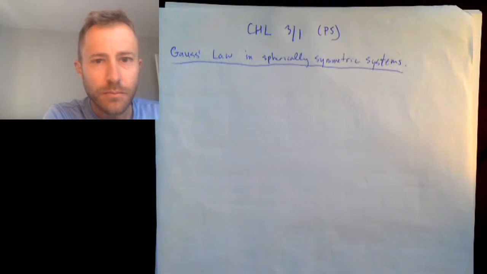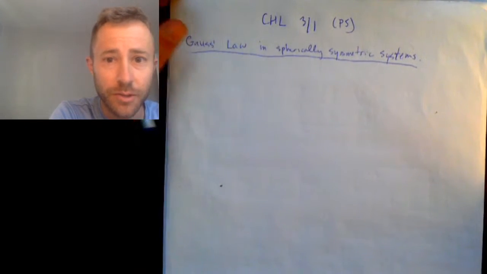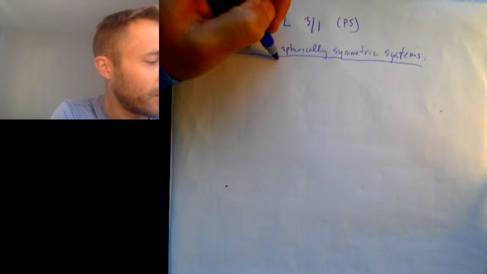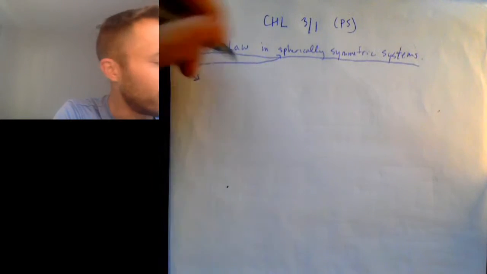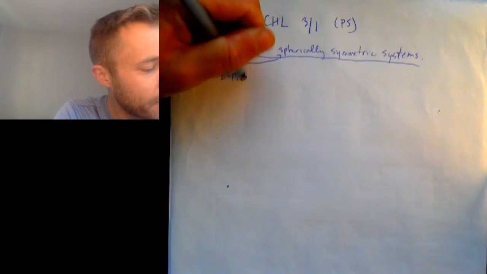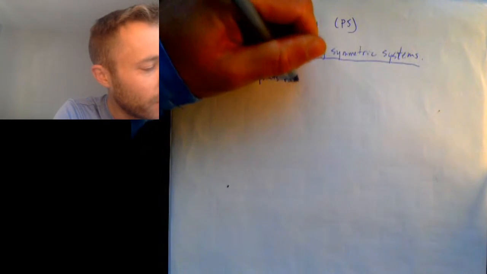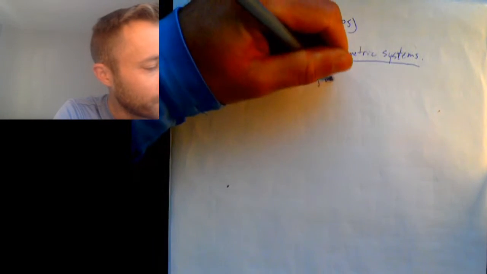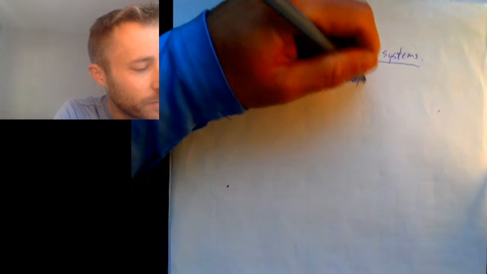And so just to remind you about spherically symmetric systems, if you have a spherically symmetric system, then that means that the electric field points radially outward or inward.